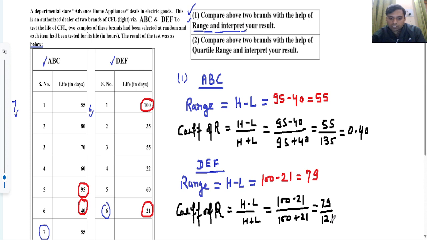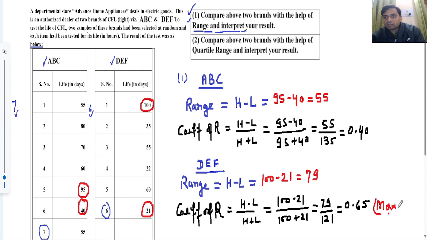Again we will calculate this quantity, 79 divided by 121. So you will get 0.65 something.